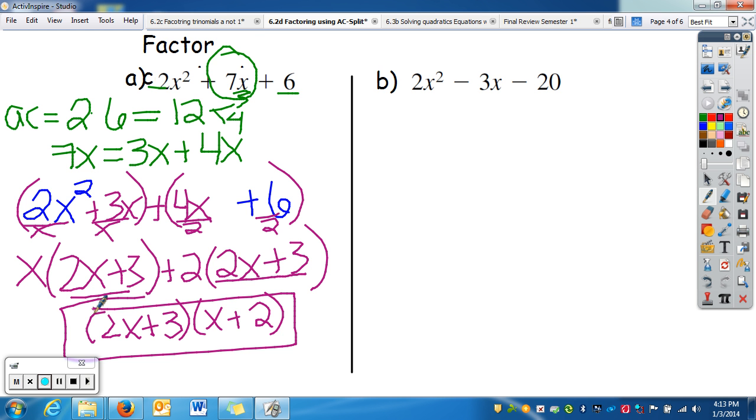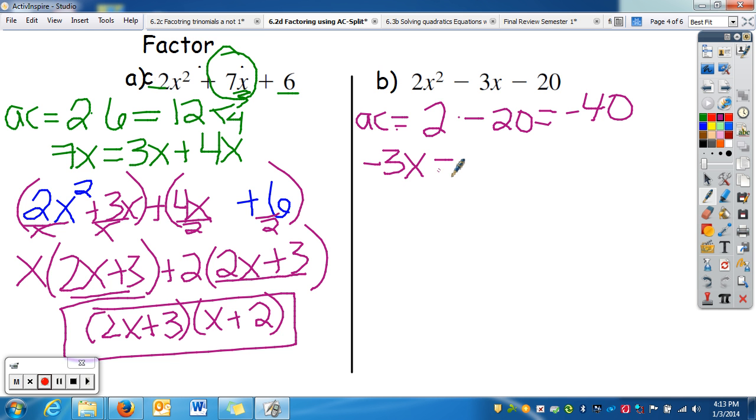Alright, so on B, find the GCF. There isn't a GCF. So then I find my AC, which is 2 times negative 20, which gives me negative 40. So my BX, which is negative 3x, I'm going to figure out what factors of negative 40 add up to negative 3.